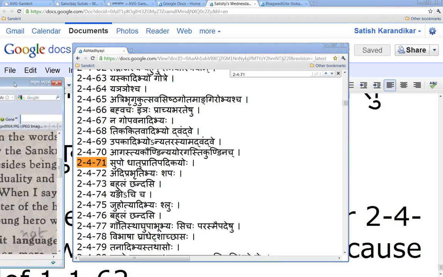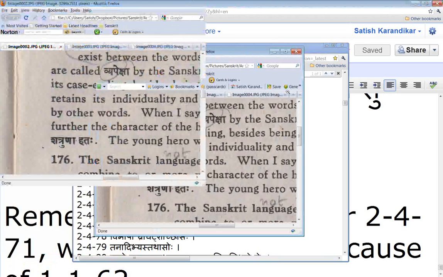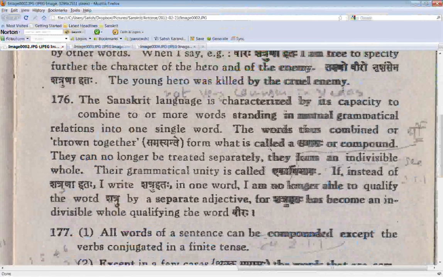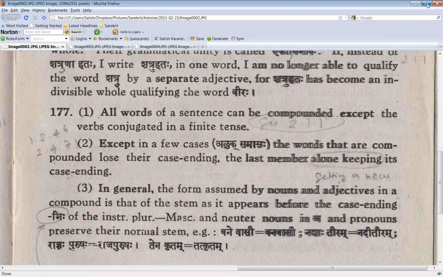Now, in the book it was mentioned that except in a few cases, the words that are compounded lose their case ending. That's what we're talking about. It's not that the last member keeps its case ending, but the entire new compound gets a new case ending.